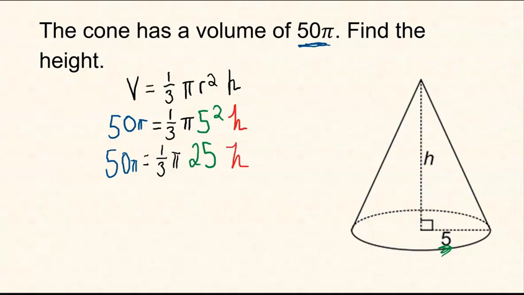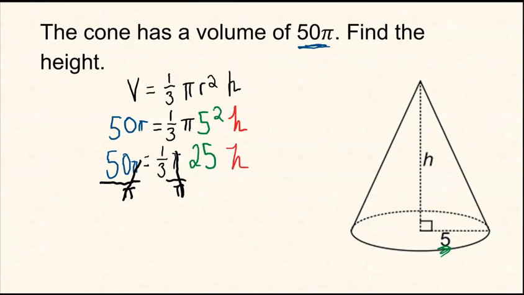Every term on the right side of this equation is multiplying. So one at a time I have to undo everything or turn everything into a 1. The way we're going to do that is by division. I am first going to divide by pi. Pi is the easiest thing for me to divide because pi divided by pi is 1. Then I'm going to divide by pi here, and that is also going to become 1. So 50 pi will become just 50.